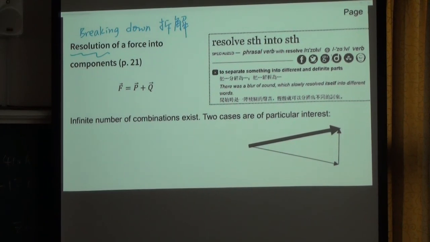So in this problem, on the left is a force F, which is known. And we want to break F down into two forces. One is P and another is Q. So these are unknowns. Okay?